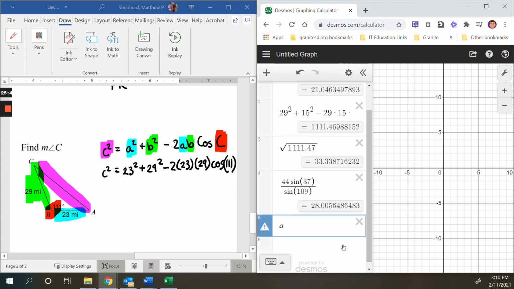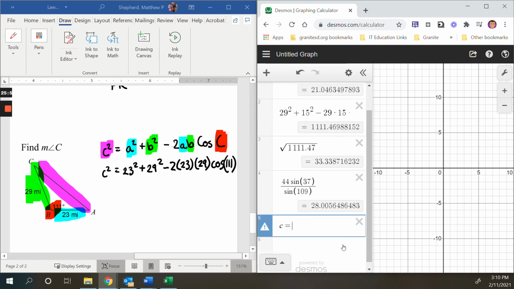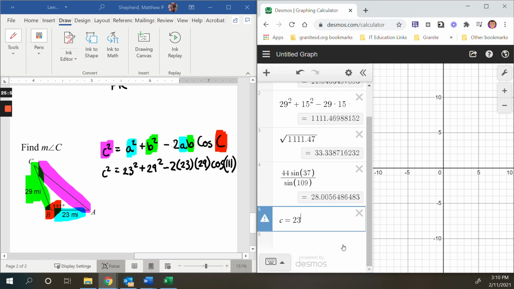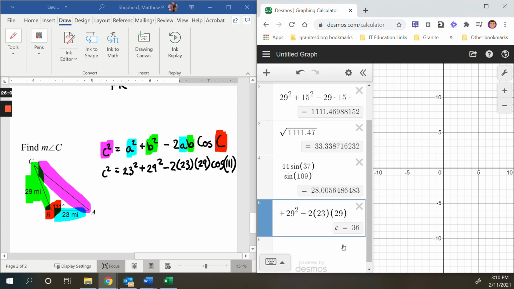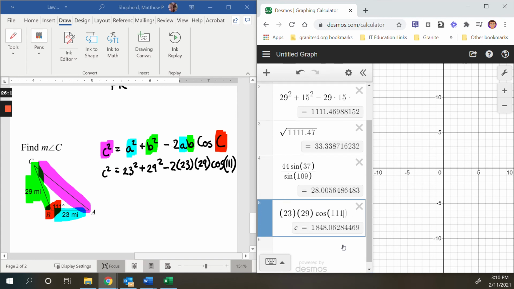You'll see why in just a second. So let's say c is equal to 23 to the power of 2 plus 29 to the power of 2 minus 2 times 23 times 29 times the cosine of 111.